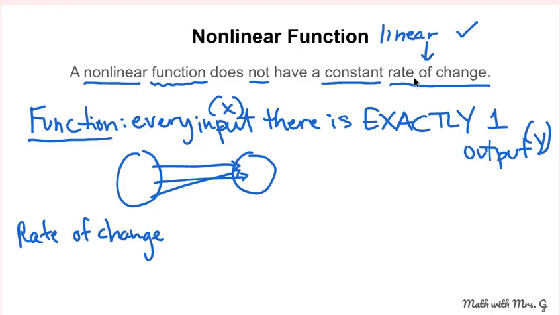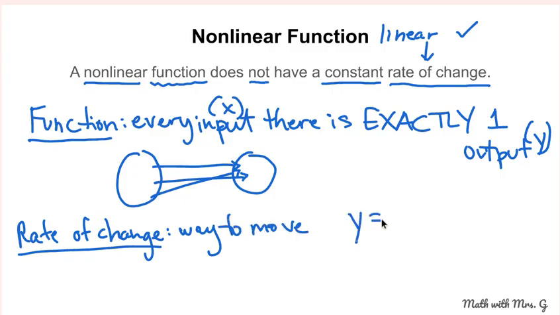And when we say rate of change, what is that? What am I looking for? When I think of rate of change, I'm thinking of a way to move. When we were talking about y = mx + b, we were always looking at our slope and our y-intercept, and our slope is the way to move.